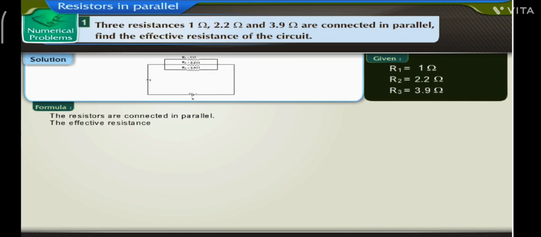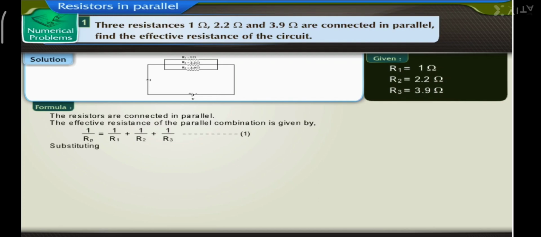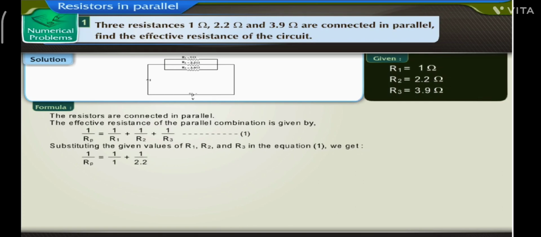The effective resistance of the parallel combination is given by 1 divided by Rp is equal to 1 divided by R1 plus 1 divided by R2 plus 1 divided by R3. Substituting the given values of R1, R2 and R3 in the equation, we get 1 divided by Rp is equal to 1 divided by 1 plus 1 divided by 2.2 plus 1 divided by 3.9.